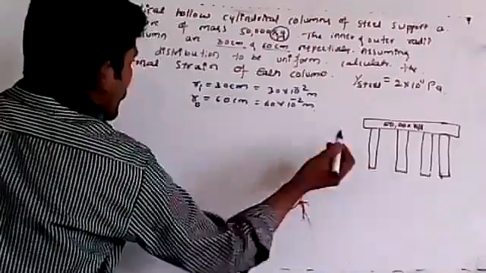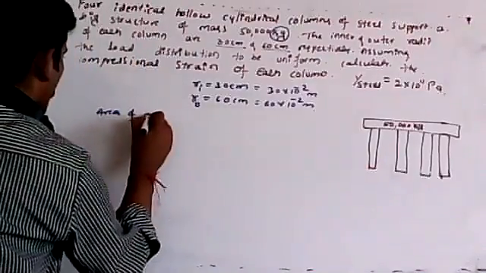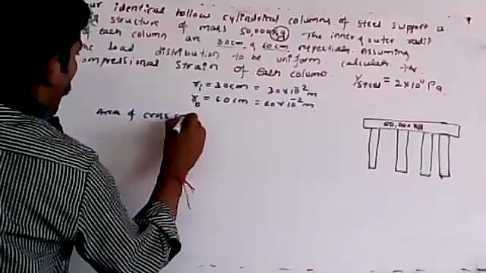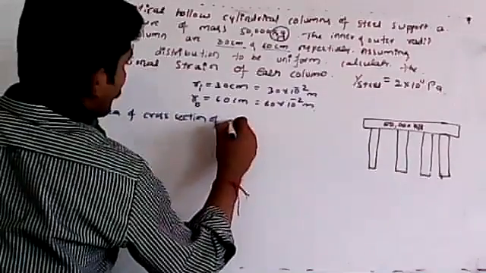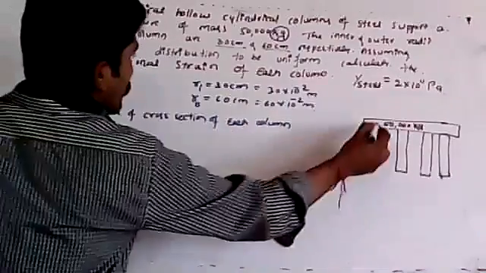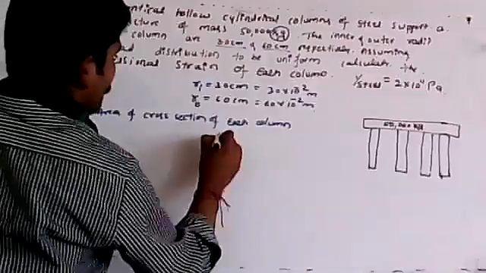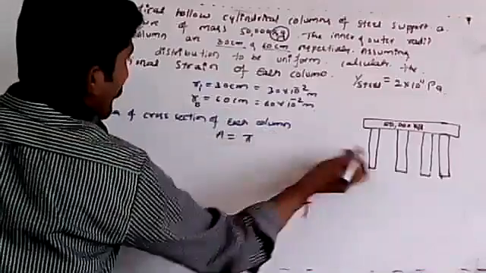Now, once you know the radius, can we calculate the area? Area of cross section of each column. We can write in this way: A is equal to pi r square.